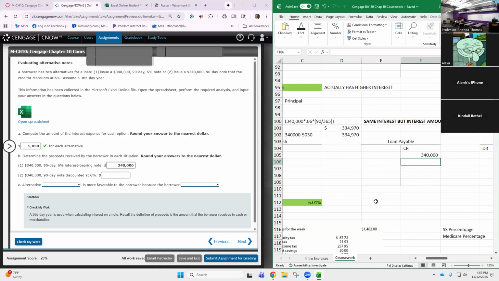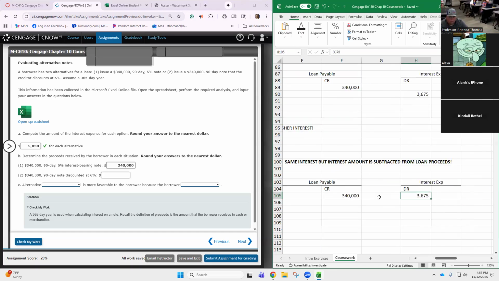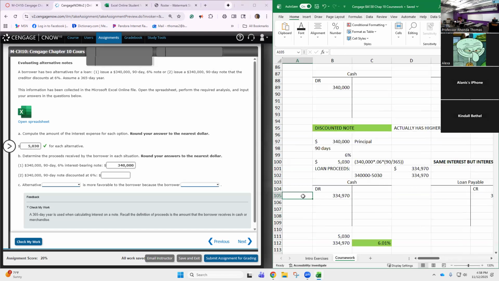And when I record this note on my books, I'm going to record the interest right away, when that note gets issued and those proceeds go to the borrower. So I'm getting a little less proceeds than an interest-bearing note.